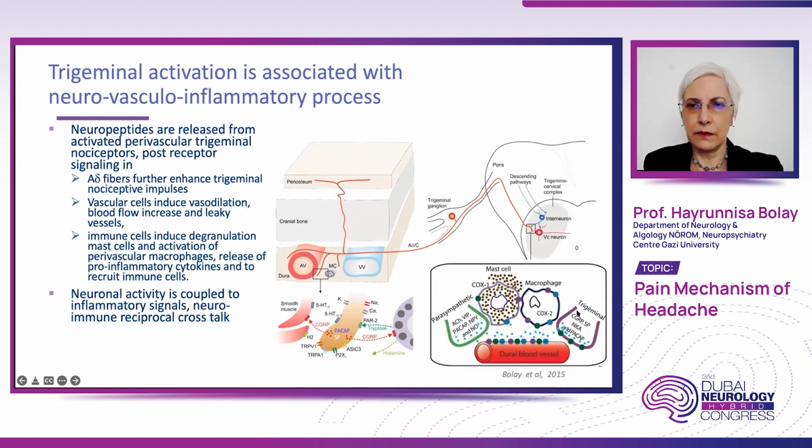In that sense, we need to see that any dural vessel is in close proximity with trigeminal nerve endings, with neuropeptides, and macrophages. These are resident macrophages, not recruited from the peripheral blood. Mast cells are also resident in the dura mater and meninges, along with nerve fibers.